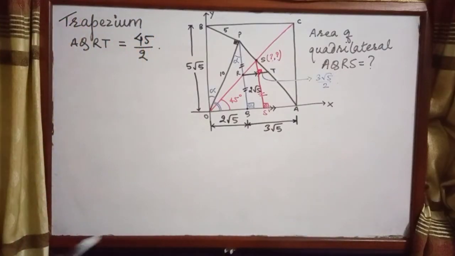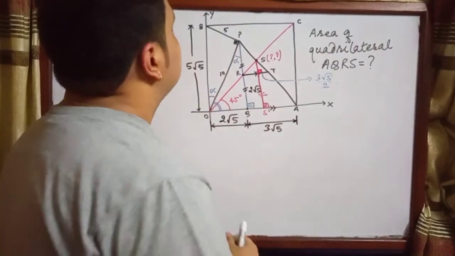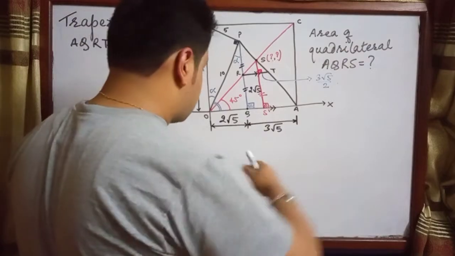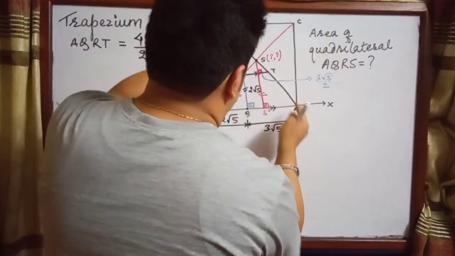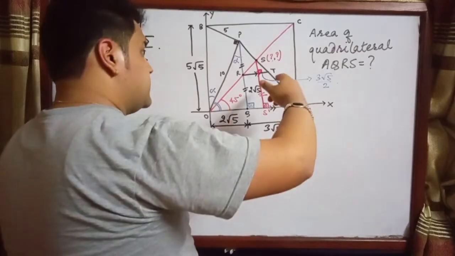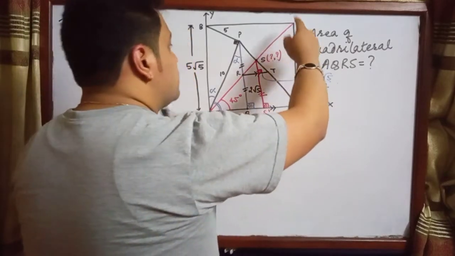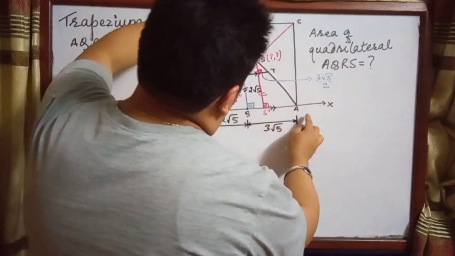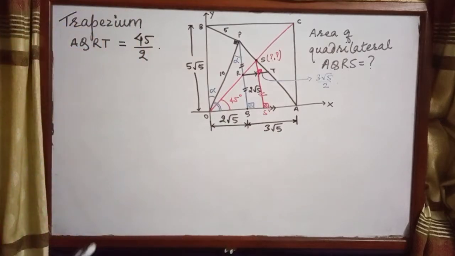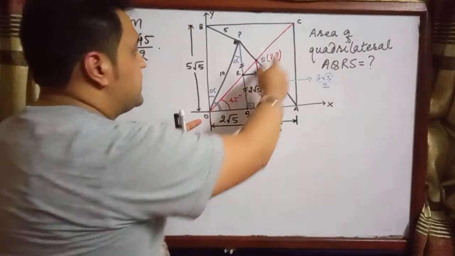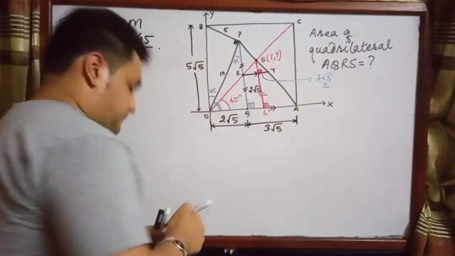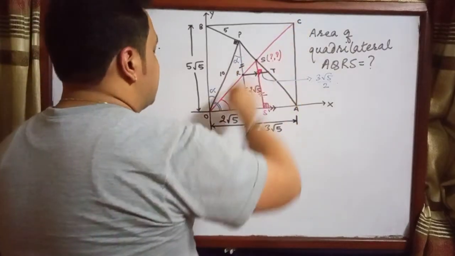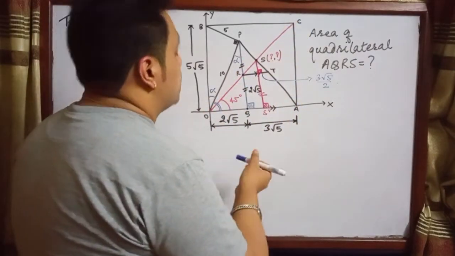To find the coordinates of this point S, we need to solve for the intersection of this line and this line. So we need to solve the system consisting of the equation of the line OC and the equation of the line AP. Since this is a diagonal of a square positioned in a standard way, the equation of this line OC is y equals x.